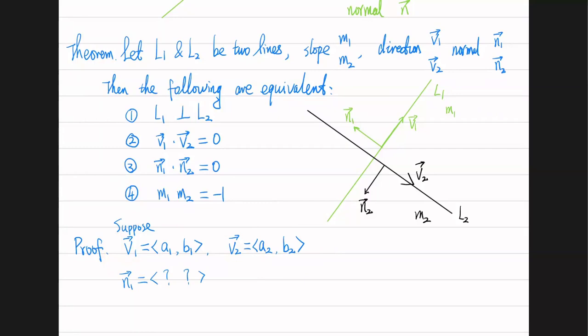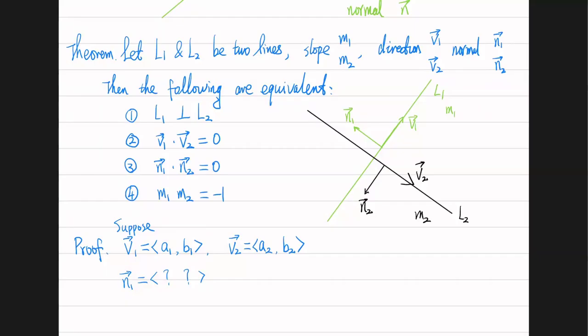We want to find a vector that is perpendicular to this one. What we can do is switch the two coordinates and then change the sign of the second one.